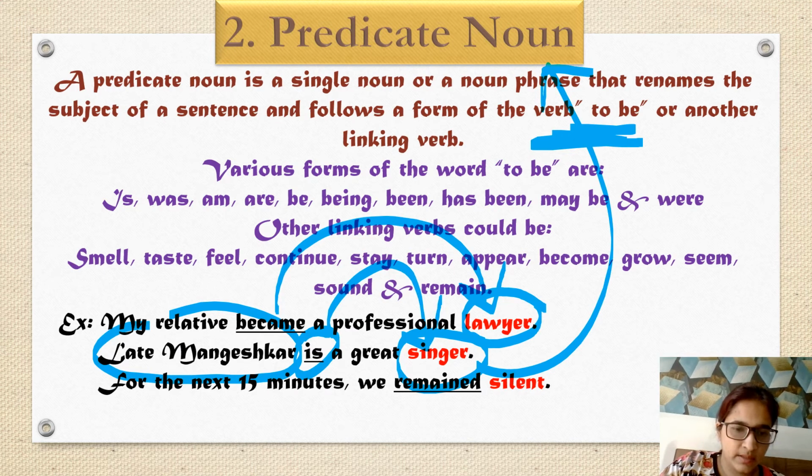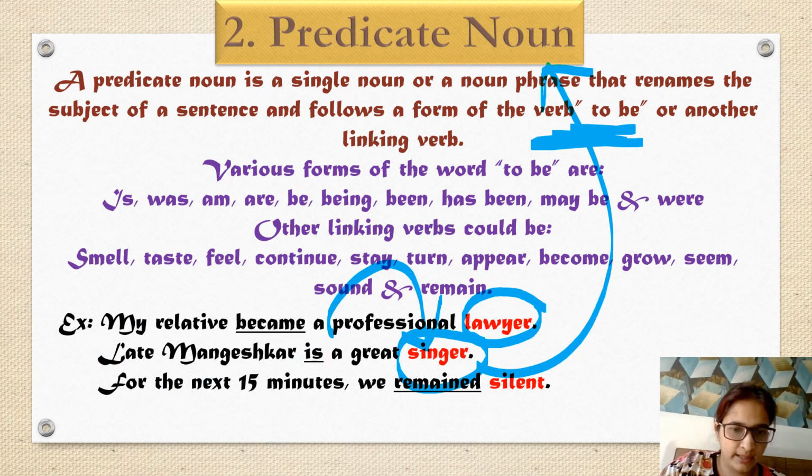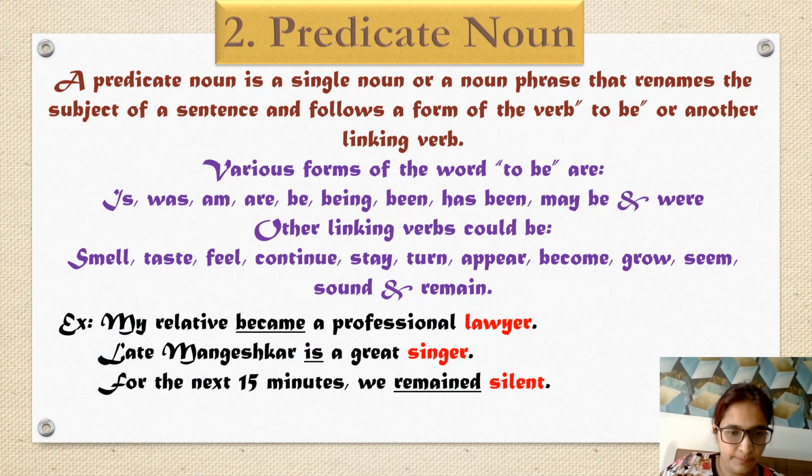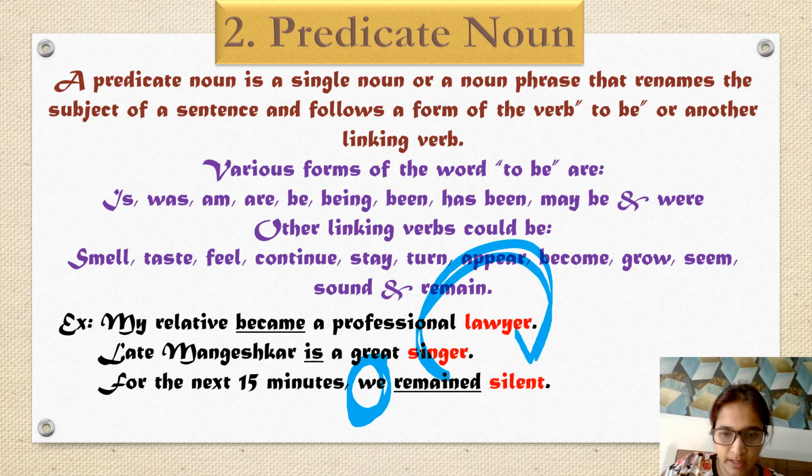So this is the difference between the subject noun and the predicate noun. If you see different types of examples, you will clearly know what I mean. Now, "For the next 15 minutes we remained silent." We were the subject, but we remained what? We remained silent.